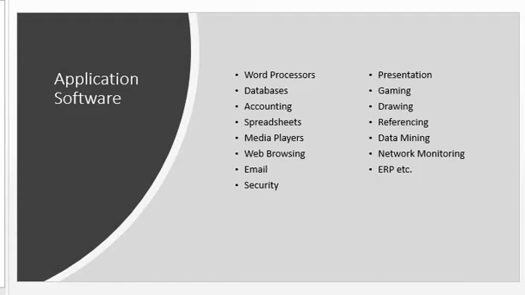You can run a word processor via a web browser, for example Google Docs. So application software these days mainly runs on three platforms: desktops and laptops, mobile devices, and browsers.